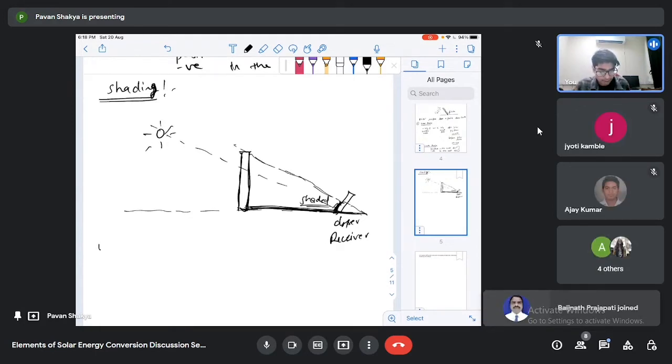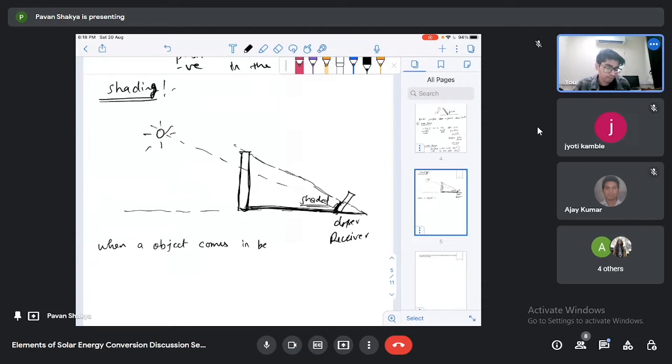Also we can write that when an object comes in between the sun and the receiver, then there will be shading.